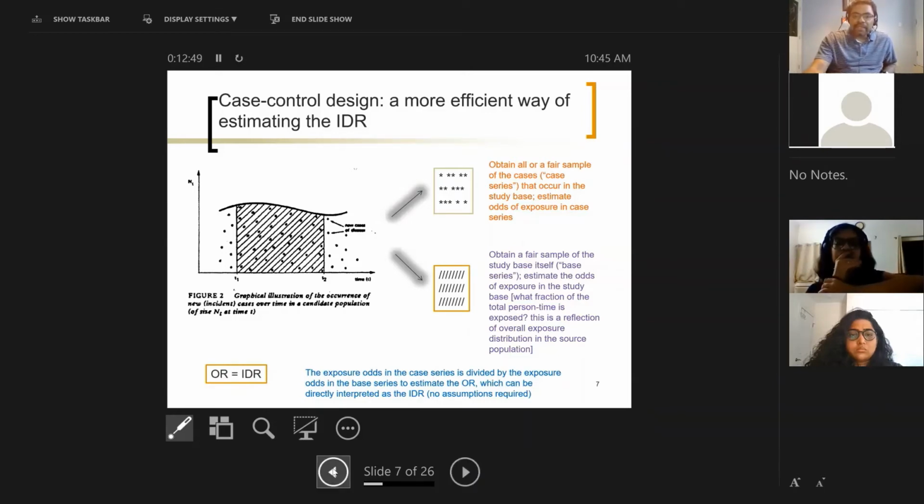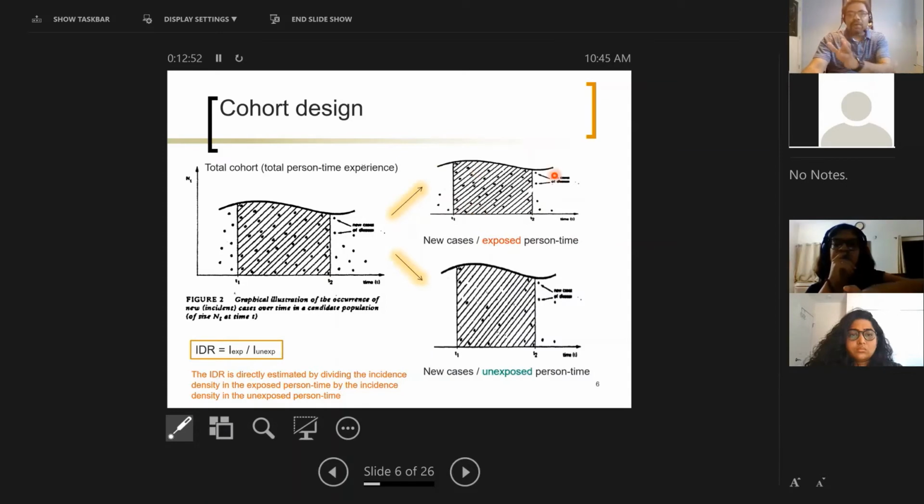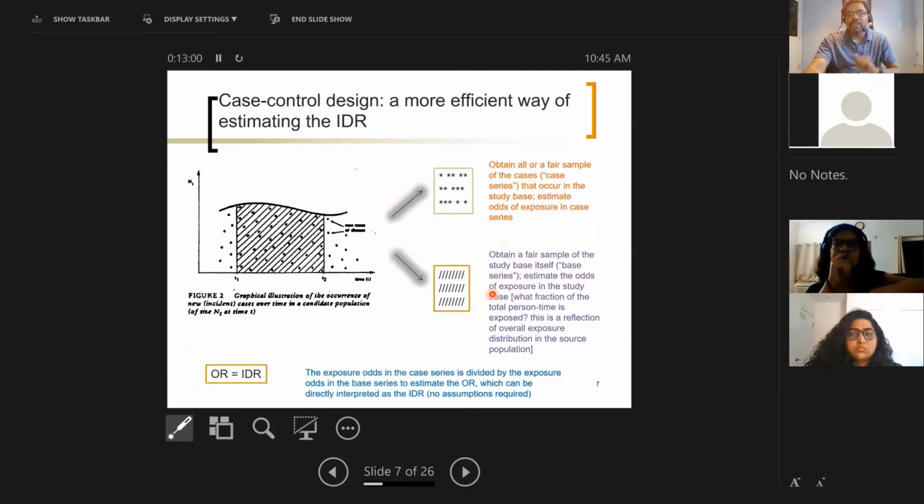Instead of waiting for the cohort follow-up to be complete, and then looking at the incidence density in the exposed versus unexposed, we ask the question, as the cohort is happening over time, if we could take a random sample of all the black dots, okay, a fair sample of all the new cases that are popping up in this cohort over time, right? Either all or at least a fair random sample of all the black dots. If we could get that, then we would get all the cases in the case control study.